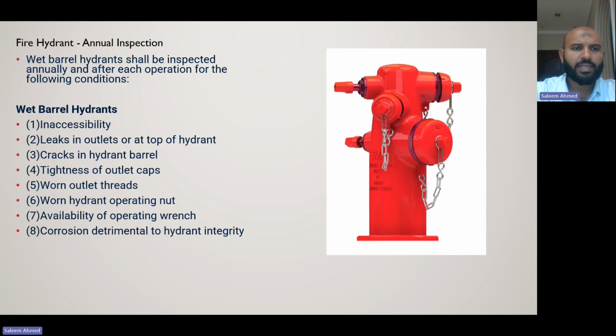Coming to the wet barrel hydrant, it is more or less similar. Inspection points: inaccessibility, leaks in the outlets or at the top of the hydrant, cracks in the barrel, tightness of the outlet caps, worn out threads on hydrant operating nut, availability of operating wrench, corrosion detrimental to hydrant integrity.